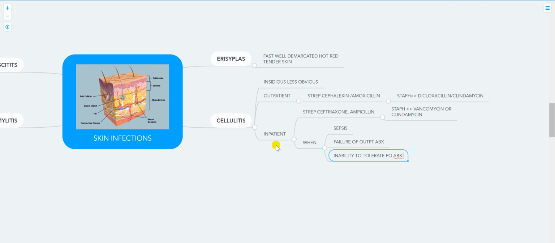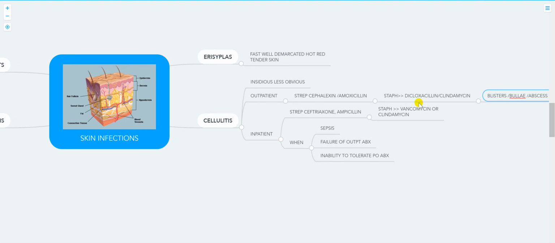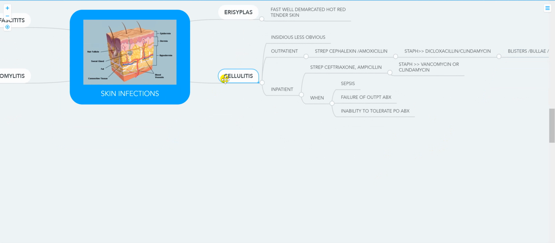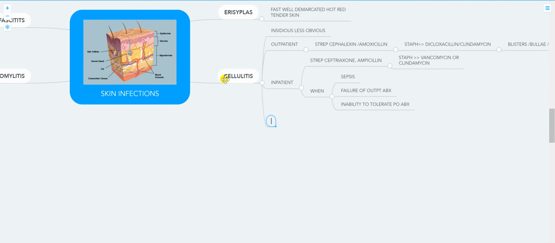How do we differentiate staph from strep? Usually staph is associated with blisters, bullae, abscess. But strep is less likely to be associated with that. And pay attention, look for distractors. Rule out distractors.